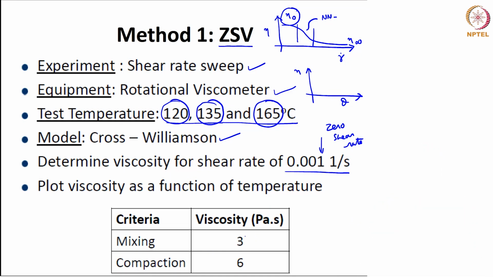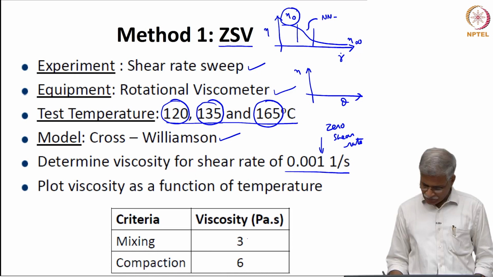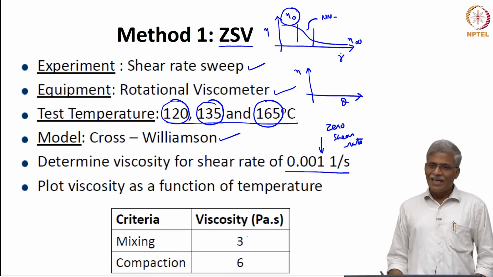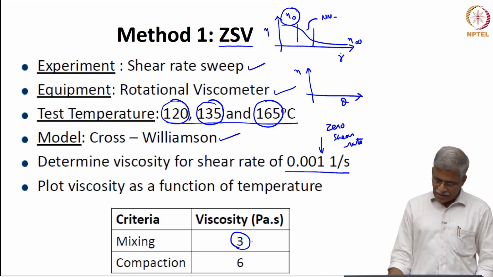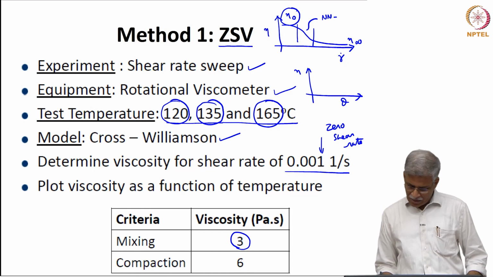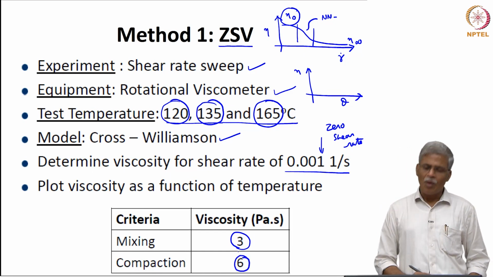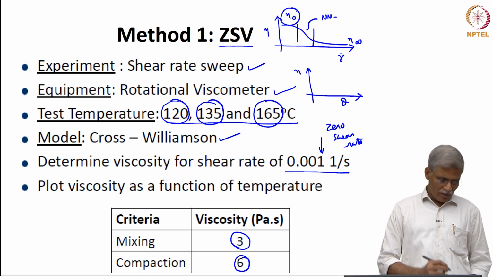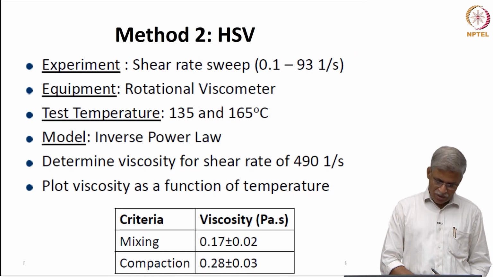Whatever temperature gives us 3 Pascal second is taken as the mixing temperature and 6 Pascal second is taken as the compaction temperature, right. So, this is as far as the first method is concerned.